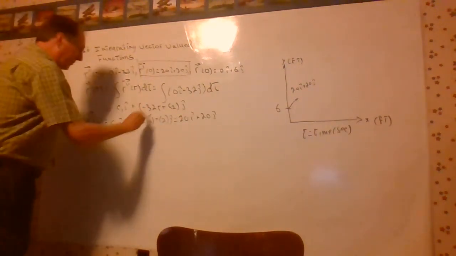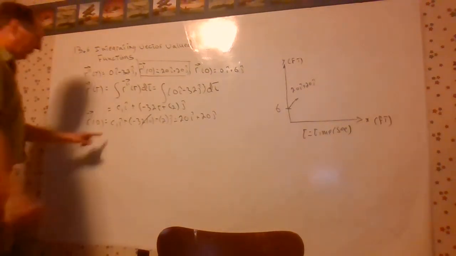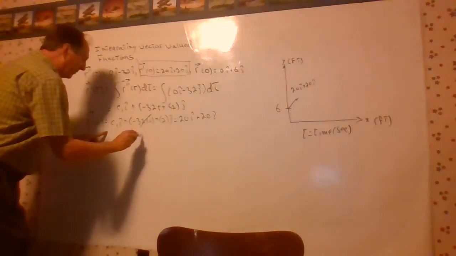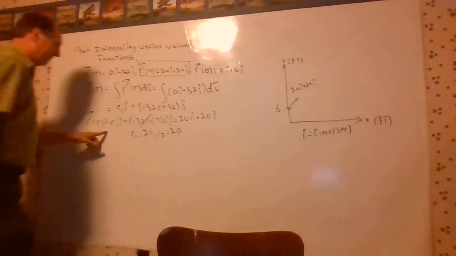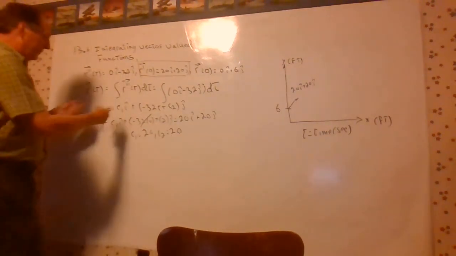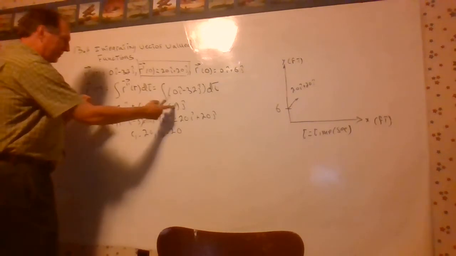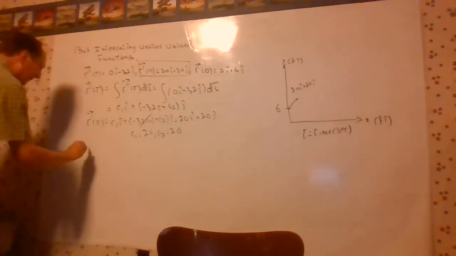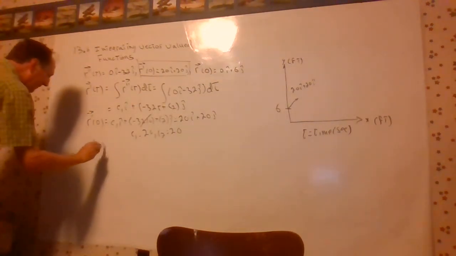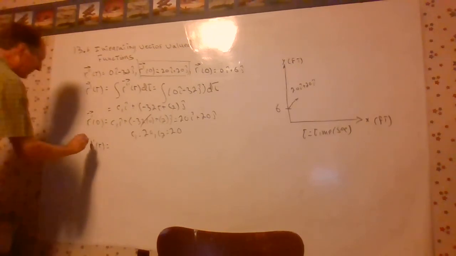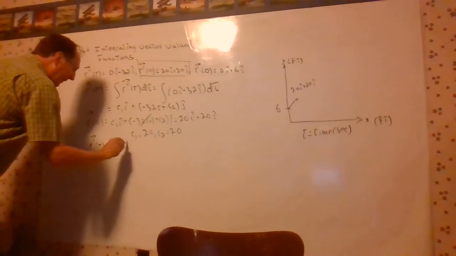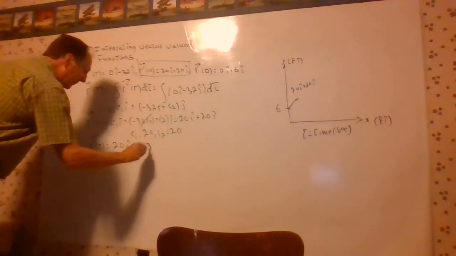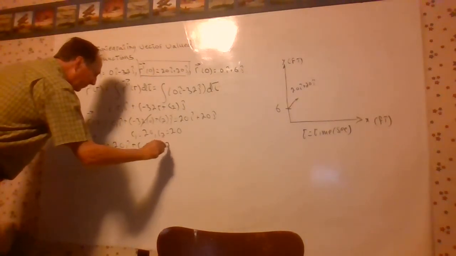This term goes away, and so we have C1 equals 20, C2 equals 20. We substitute that in, and r prime of t is equal to, can't forget my vector, 20i plus negative 32t plus 20j.